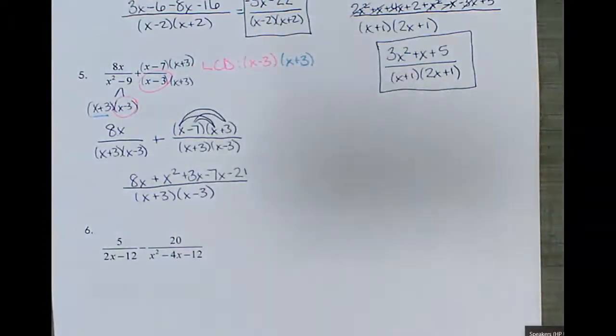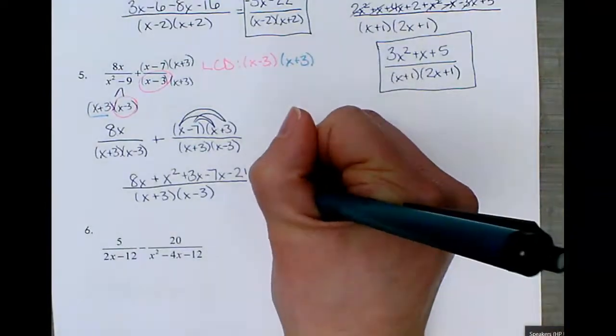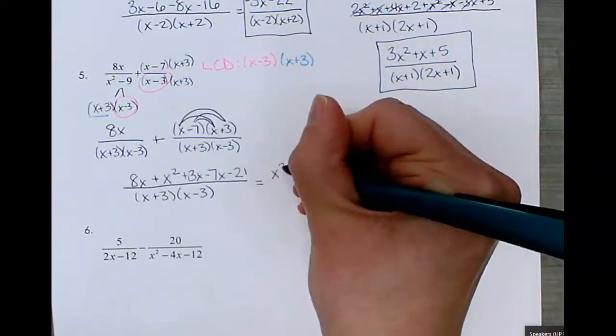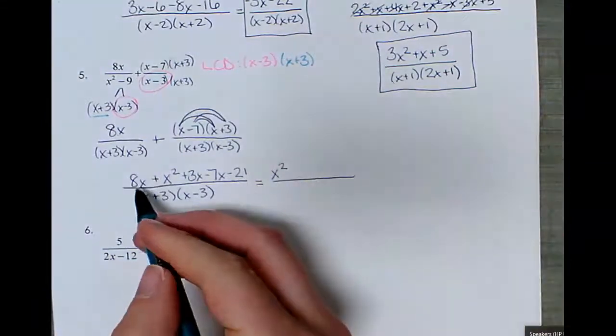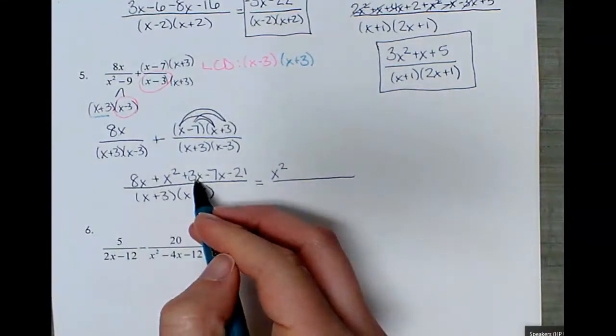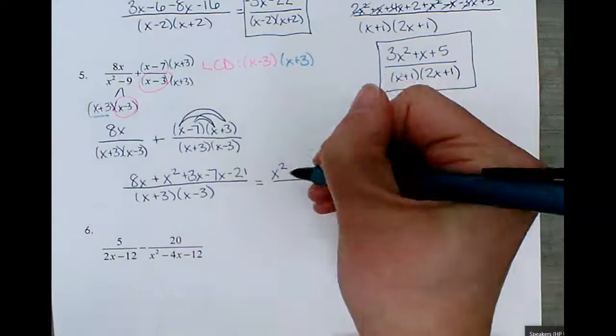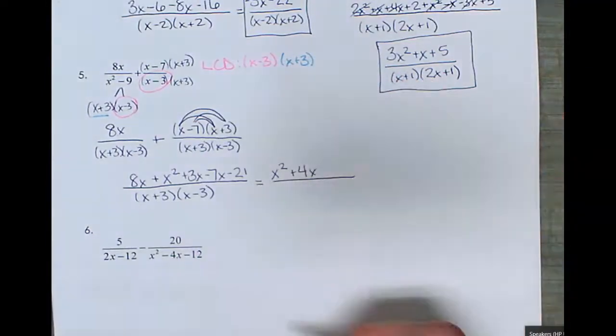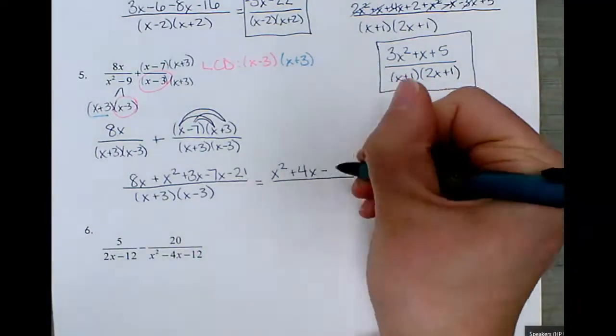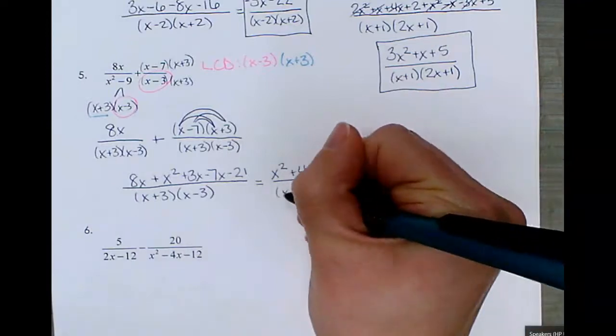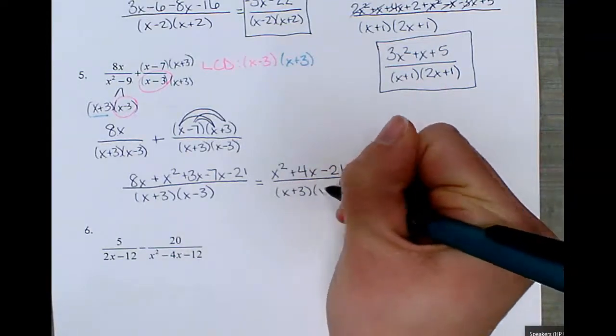If I combine my like terms, x squared is the only x squared term on the top. 8x plus 3x is 11x. Minus 7x, that's 4x. And then minus 21. All over the same denominator.